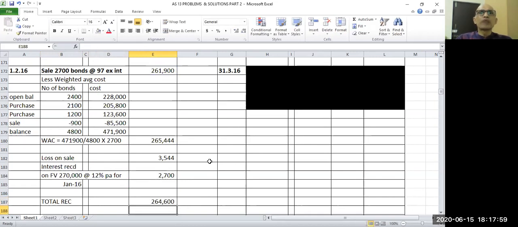You will receive 2,64,600 in the process. How will you account for this? Your entry will be bank account debit 2,64,600, to interest 2,700, to investment account 2,61,900 rupees. So let us record this transaction in the books.